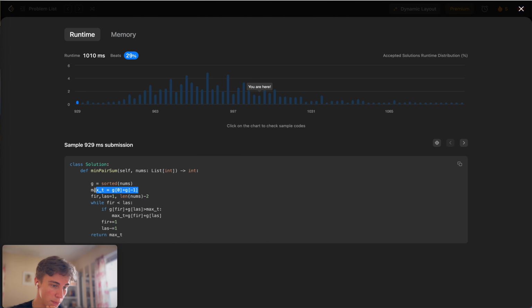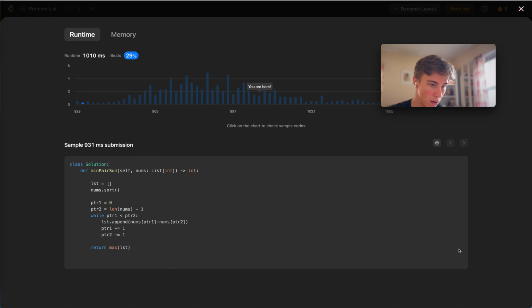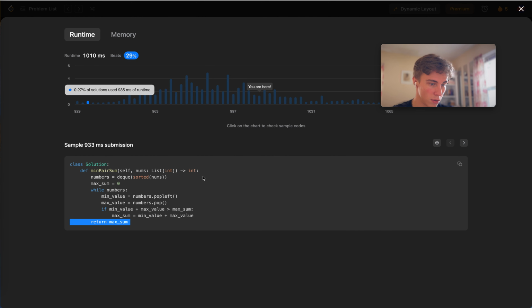They're still saying that max is equal to, this is identical to what I have. What about this guy? Also, this is not faster.